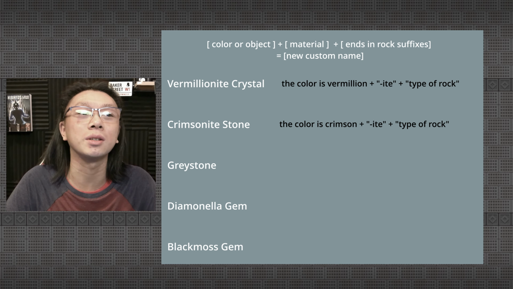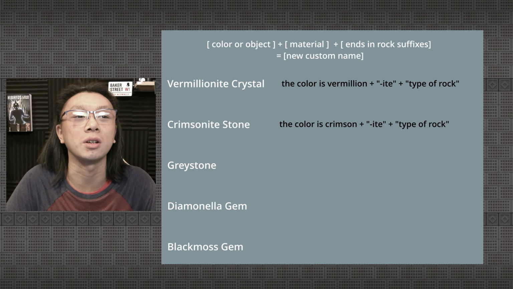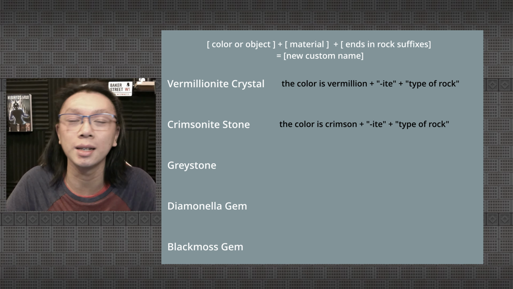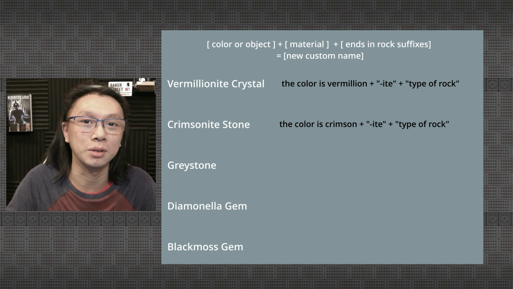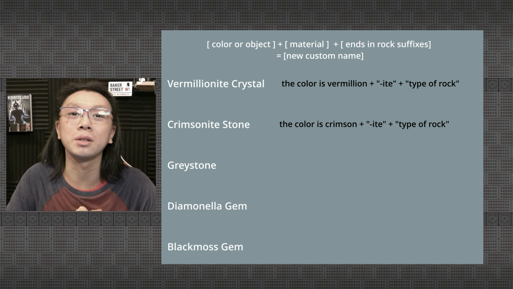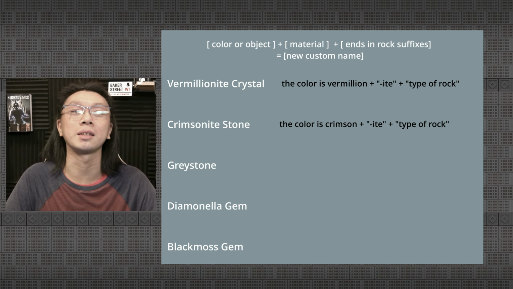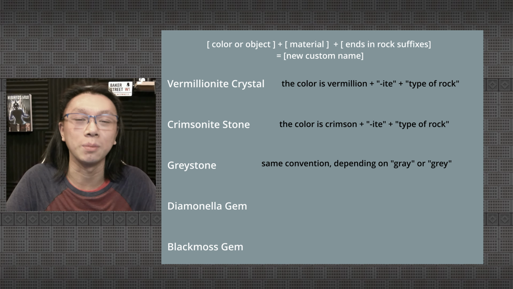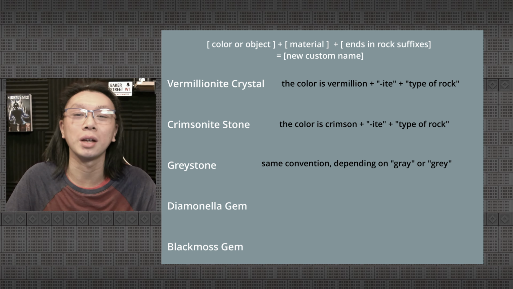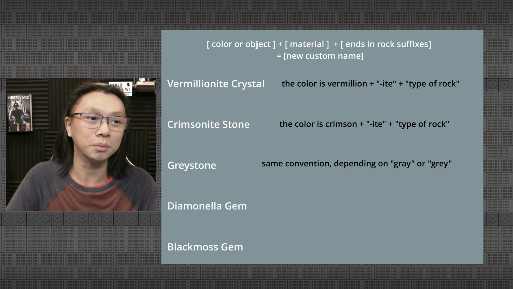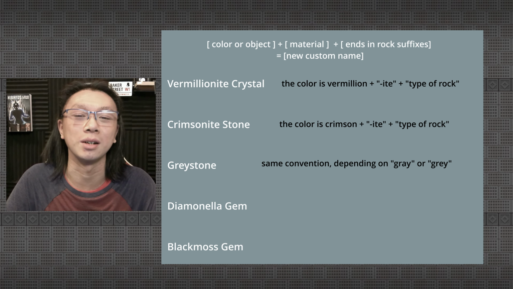The second one is crimsonite stone, which is again the same convention from number 1, with crimson being the shade of red, ite at the end, and stone as the second part of its name, so crimsonite stone. The third one is greystone, which is again the same concept, the same convention of 1 and 2, so color and stone.